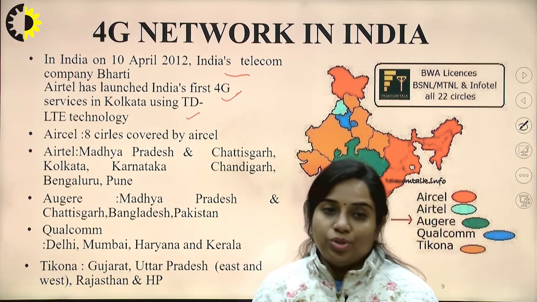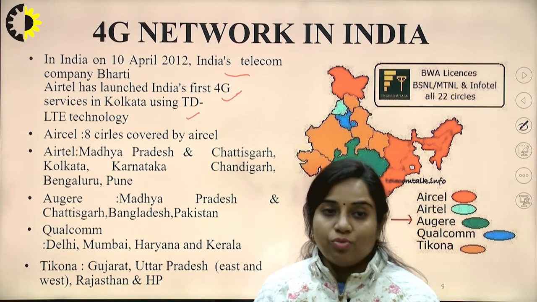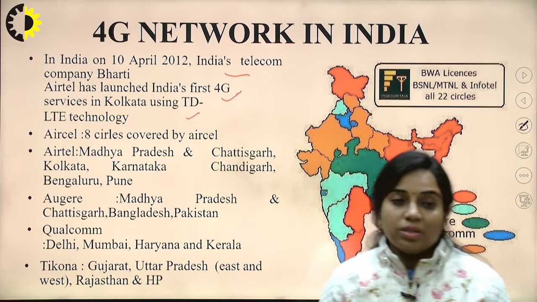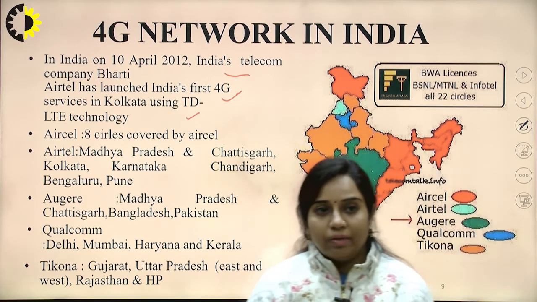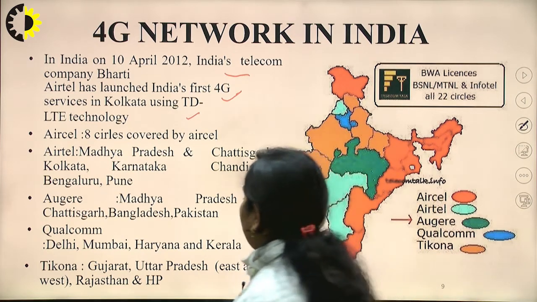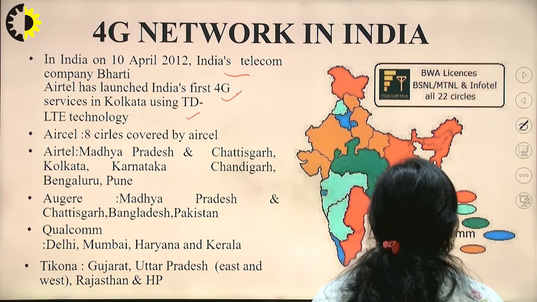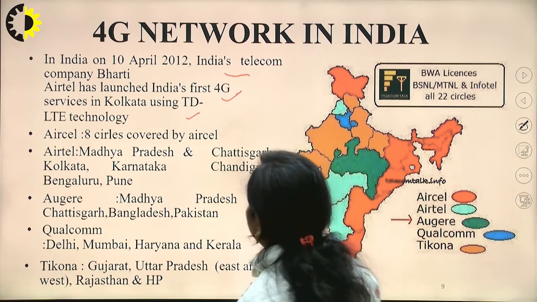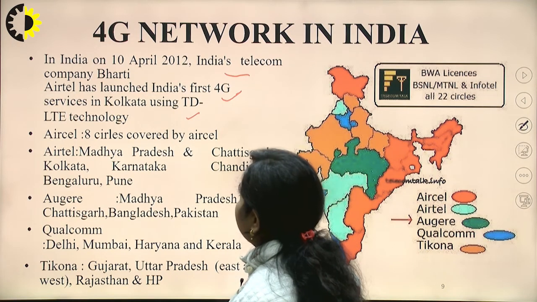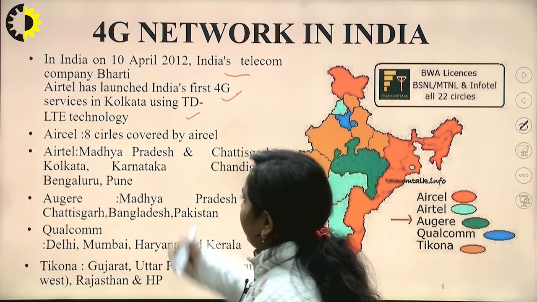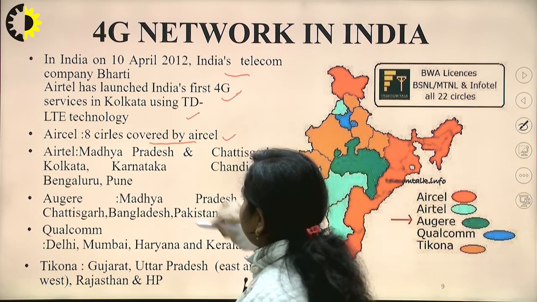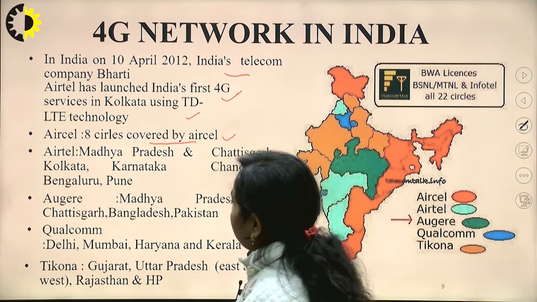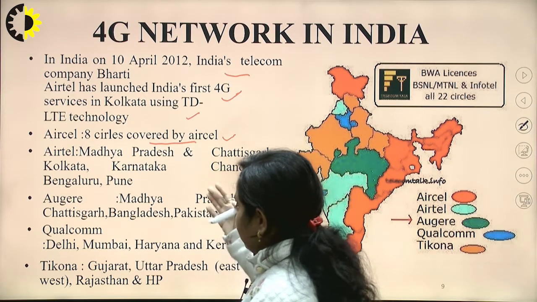LTE is long term evolution, a fourth generation technology, which means it will provide better connectivity to the different users connected in the network. So it was first launched by Bharti Airtel in Kolkata. Now Airtel will cover 8 circles, areas like Madhya Pradesh, Chhattisgarh, Kolkata, Karnataka, Chandigarh. So this is the area.